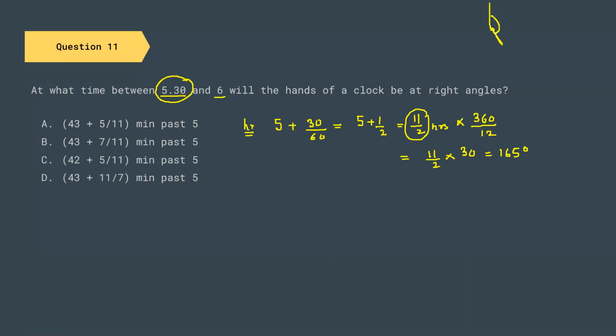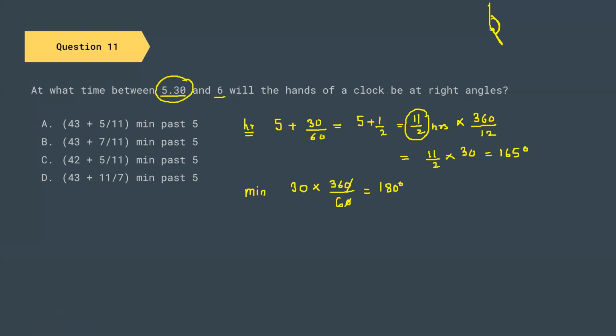So this is your 165 degrees. Now that we have found this, let us find the value inscribed by the minute hand. The minute hand has inscribed 30 minutes, and every minute the minute hand is inscribing 360 divided by 60, that is 6 degrees. That gives us 180 degrees. Let me draw with another color.